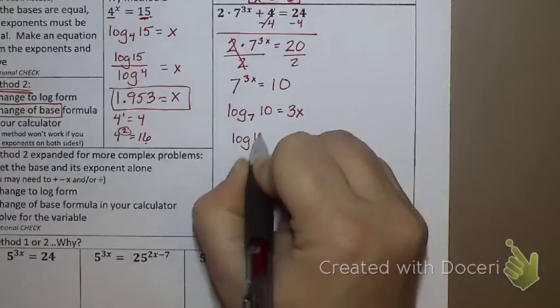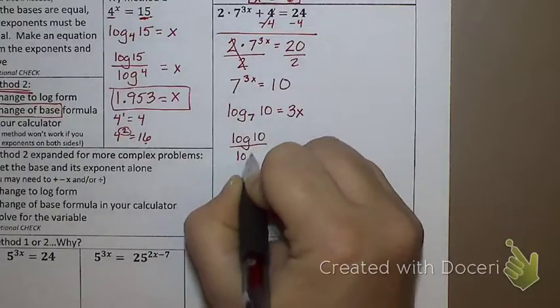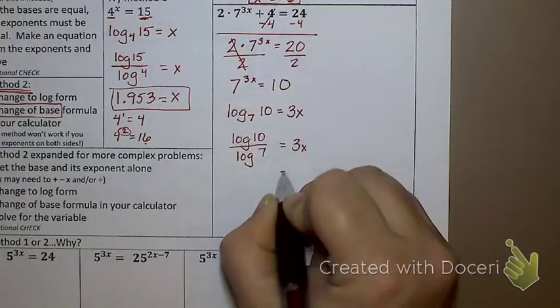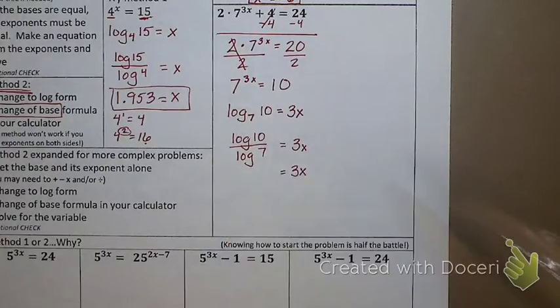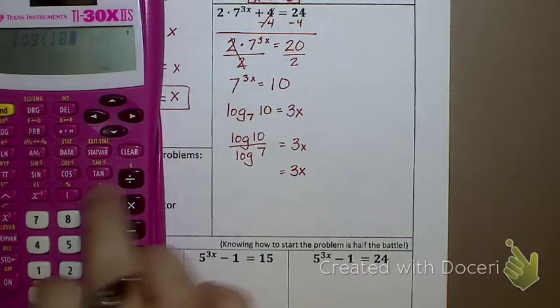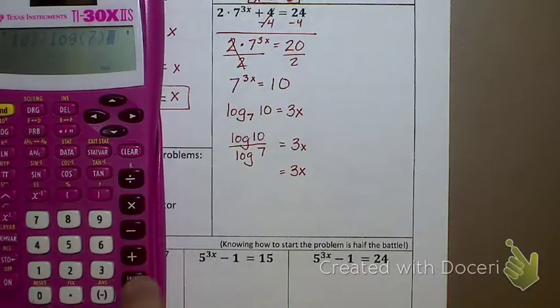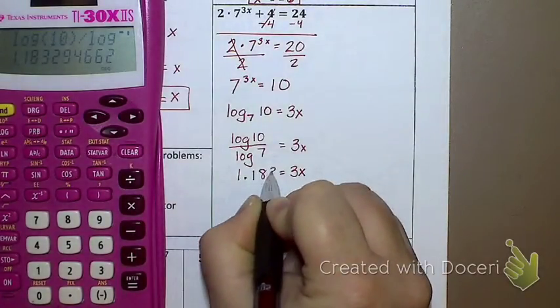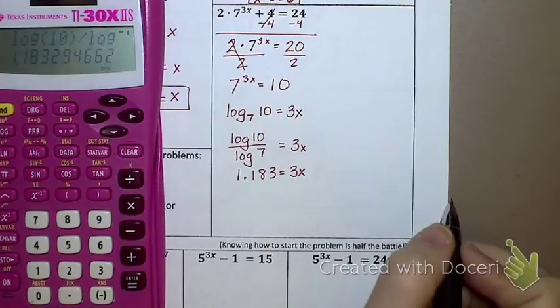Change of base: log 10 divided by log 7. Yes, I know that equals 3x, and I'll deal with that in a minute. Let's see. Log 10 divided by log 7 gives me 1.183. Let's stick with 3 digits past the decimal.